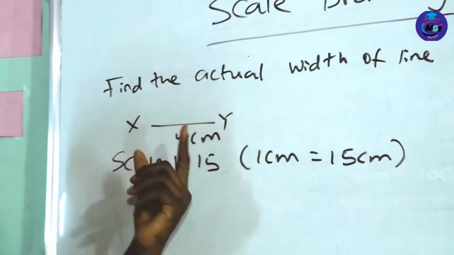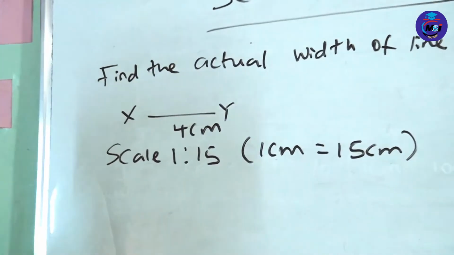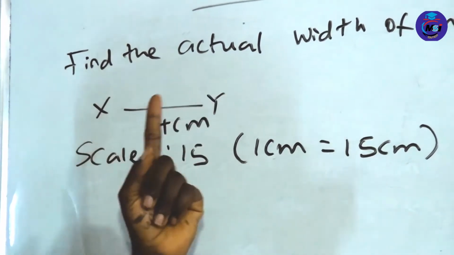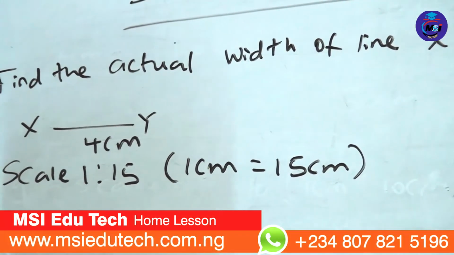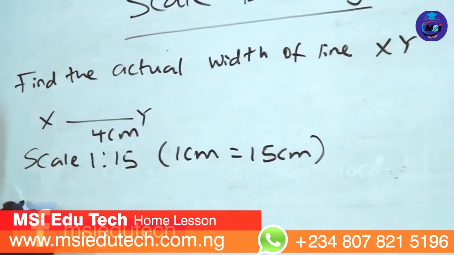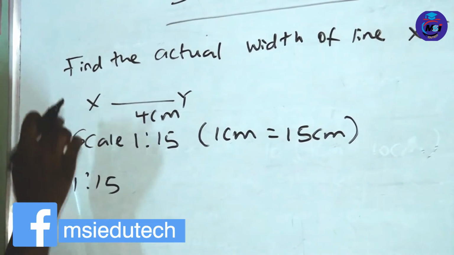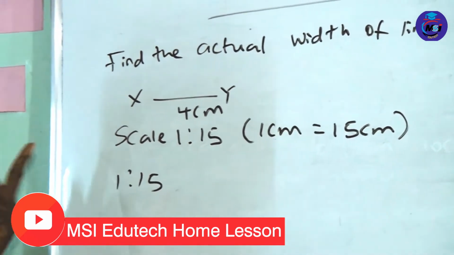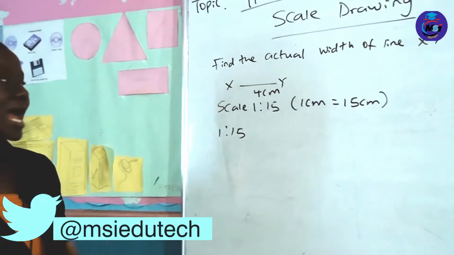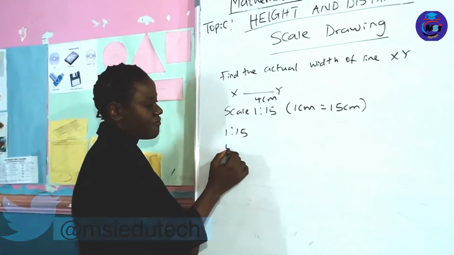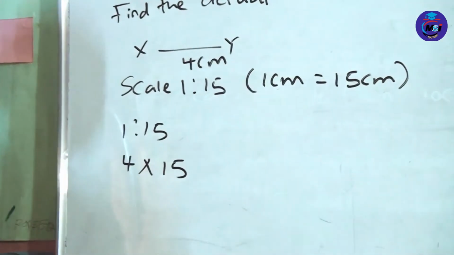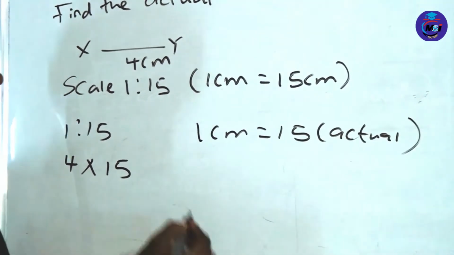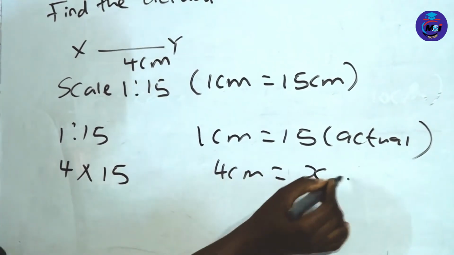Okay, we have this line, 4 centimeters, and we are given a scale of 1 centimeter to 15 centimeters. They want to find the actual length of this line XY. Since we have a scale of 1 to 15, and the length of the line on the paper is 4 centimeters, the actual will be 4 times 15. 1 centimeter equals 15 actually, so 4 centimeters will equal x.